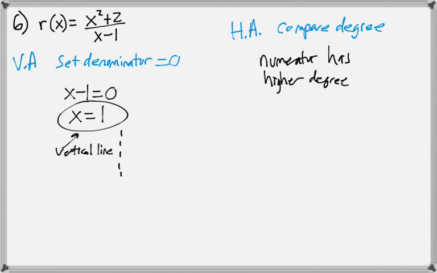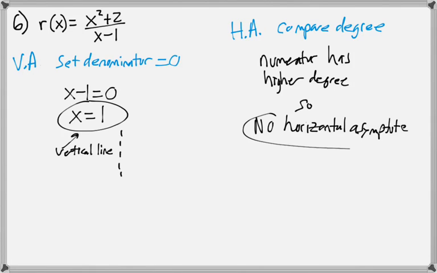Therefore, there is no horizontal asymptote. So no horizontal asymptote, and we have a vertical asymptote of 1.